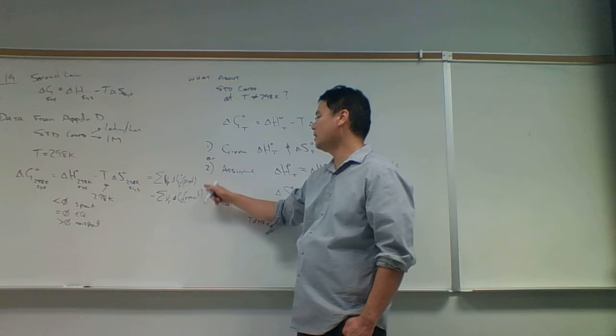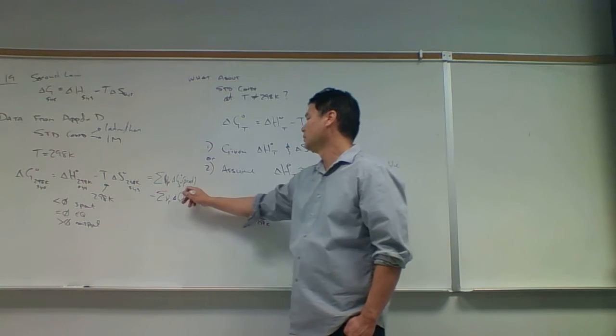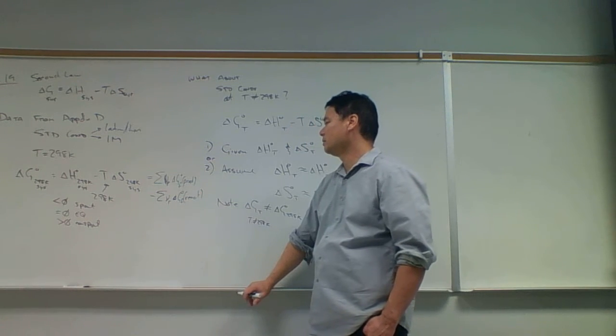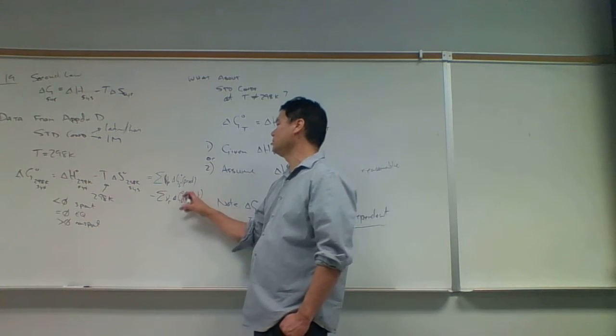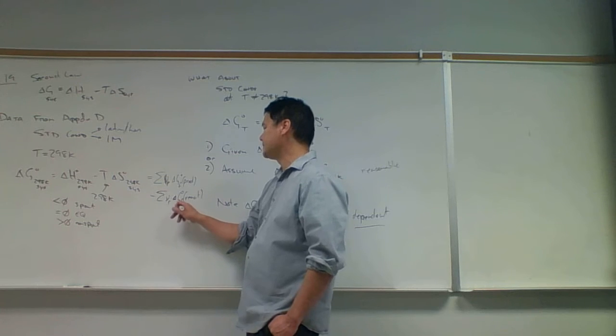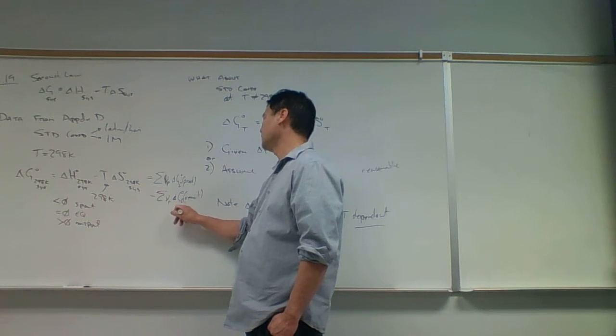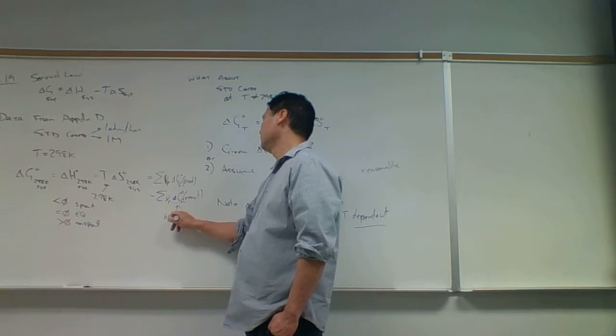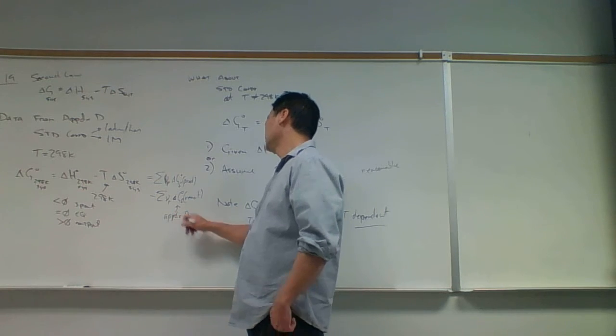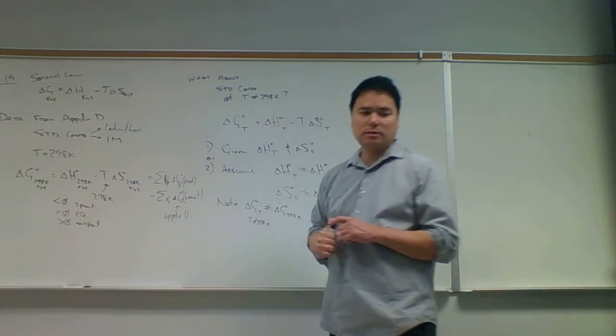This equation we cannot use at other temperatures and non-standard conditions, because these delta G's of formation come from Appendix D. And so let's take a look at these two calculations.